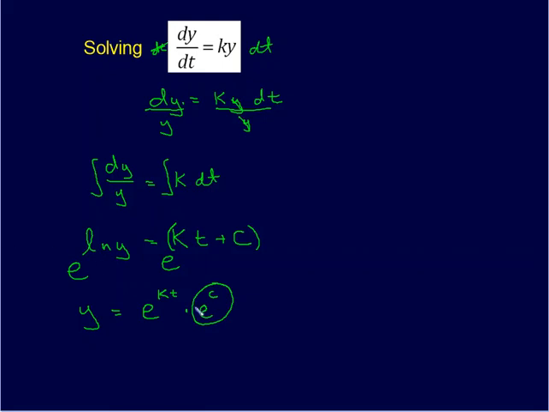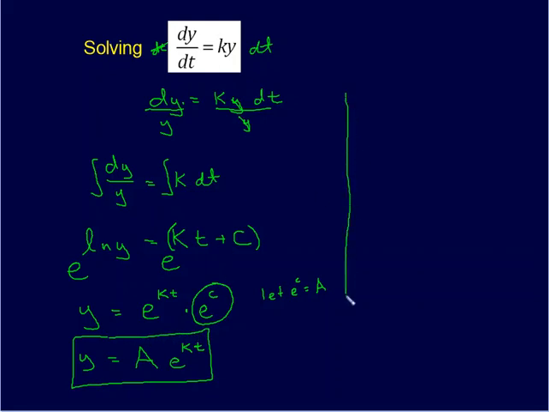In this context, I like to rename that something else. So from now on, let's let e to the c equal the number a. And so from now, I'm going to write this as y equals a times e to the kt. And let's just circle that. That is our general solution of that original differential equation.